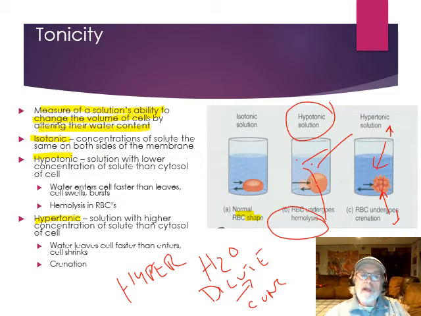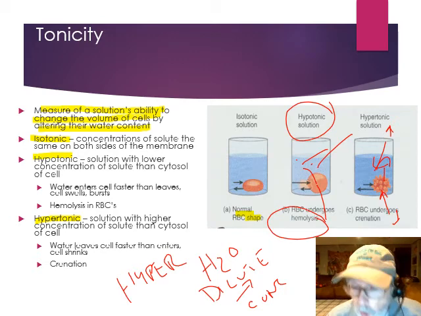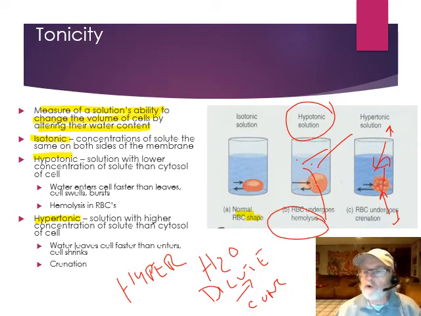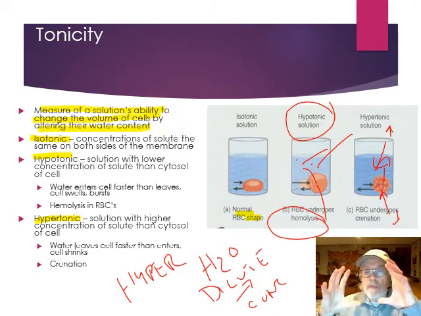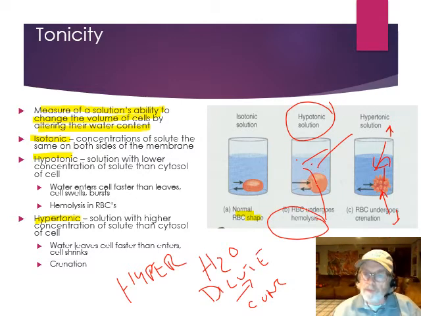What's going to happen is, with a solution with a higher concentration of solute than the cytosol or the cytoplasm of the cell, it's going to start to suck that fluid out of the cell and bring it outwards into that solution, because what can only go across in osmosis? Water. So water leaves the inside of the cell, the intracellular environment, goes through the cell membrane, goes to the outside. As a result, what happens? The cell is going to pucker up. It's called crenation, and it shrinks and will eventually die.